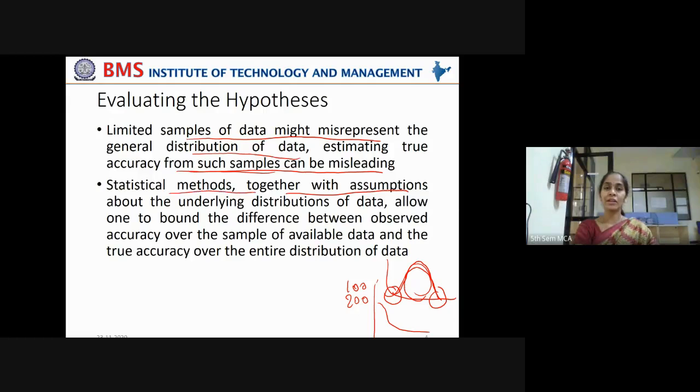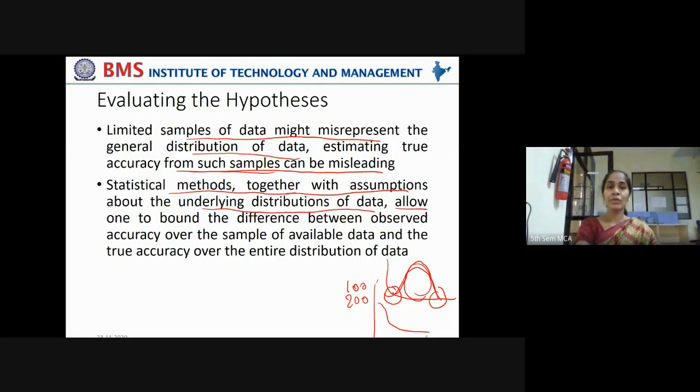Now, in statistical methods, together with assumptions about the underlying distribution of the data, sometimes we may assume that data has a normal distribution. Sometimes we may assume that data has similar variance. Like that, you make some assumptions about the underlying data.